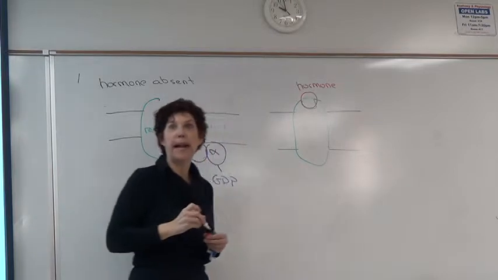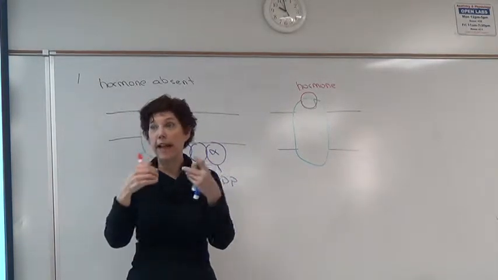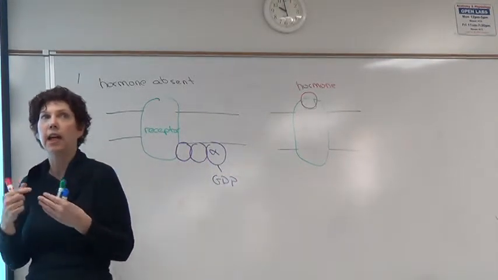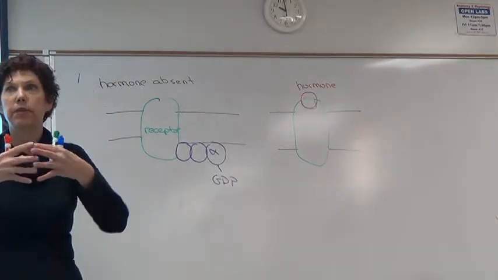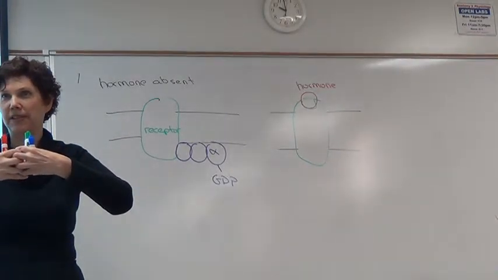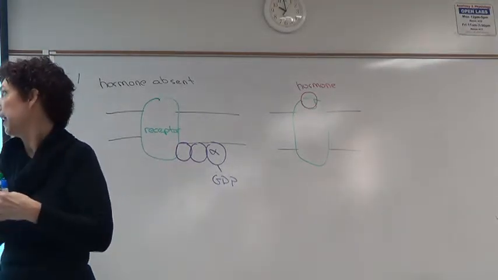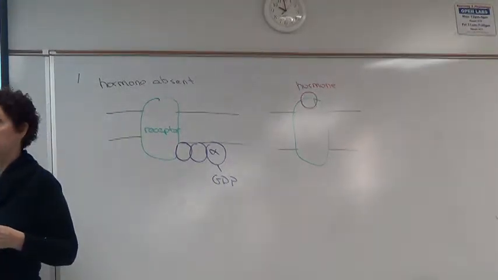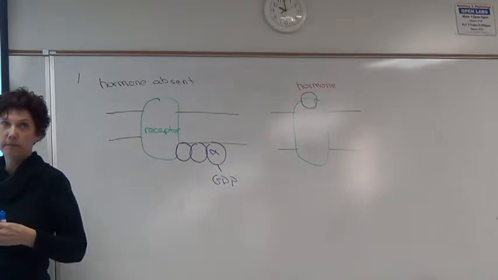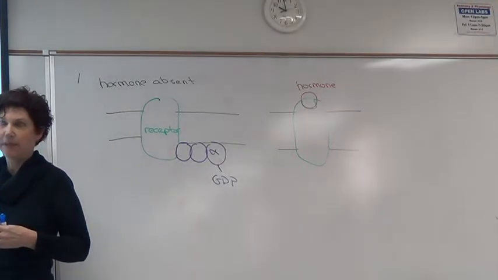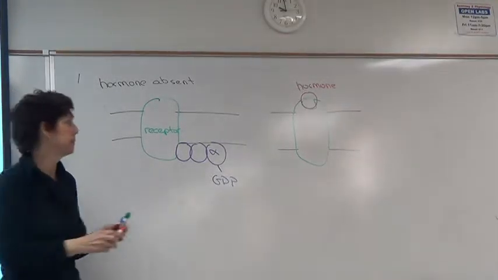Now the hormone binds to its receptor, and that chemical interaction changes the shape of the receptor. It physically isn't the same shape anymore. And because of that, the G protein no longer fits into its binding site. So it dissociates.